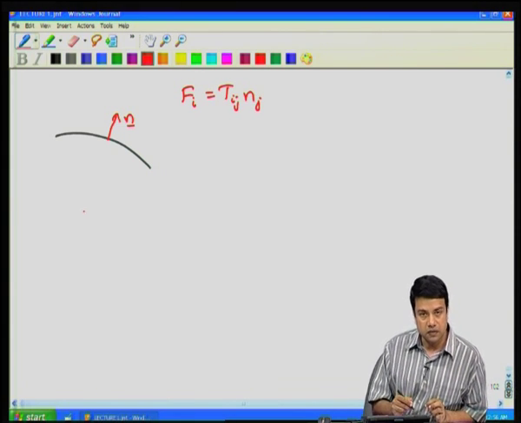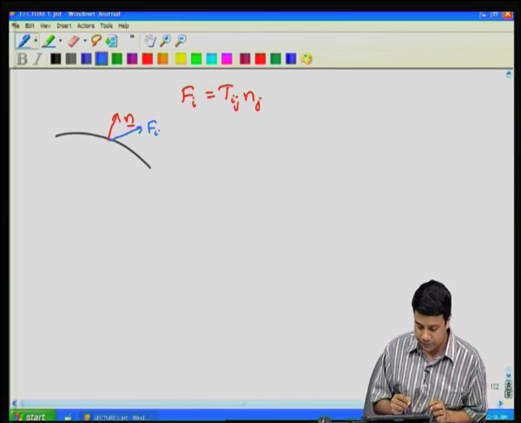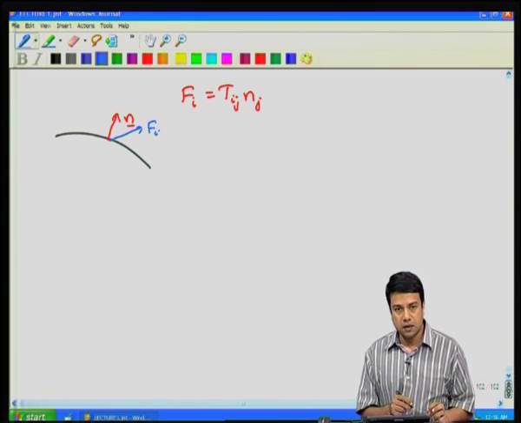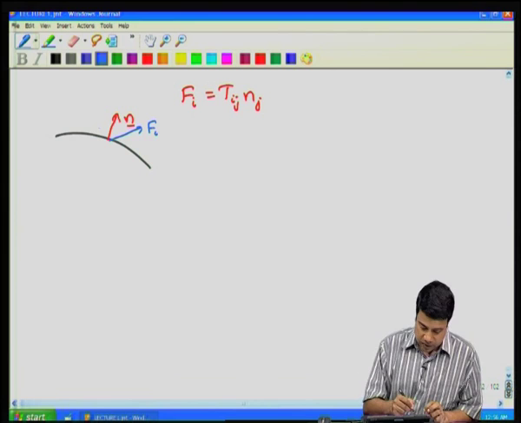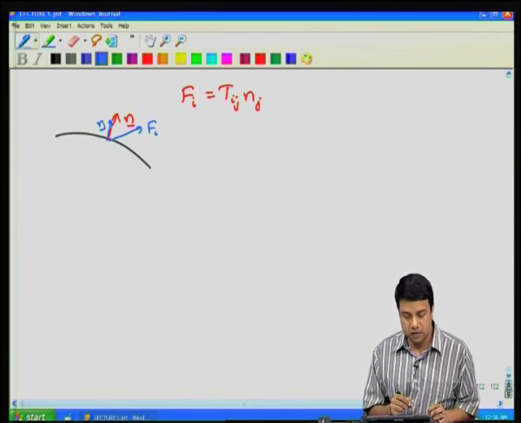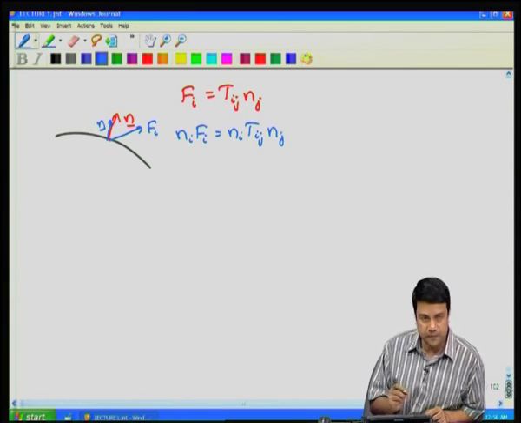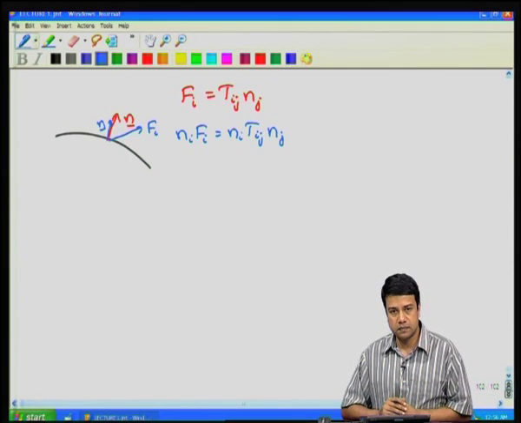So, the force per unit area acting at the surface is in some direction Fi. The contribution to the force along the normal direction is going to be equal to Ni times Fi, which is equal to Ni Tij Nj.